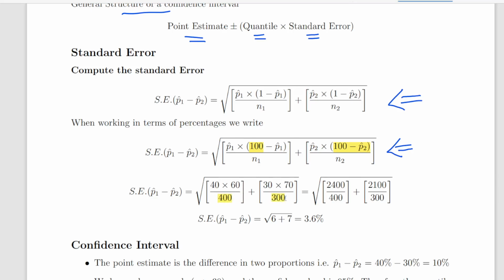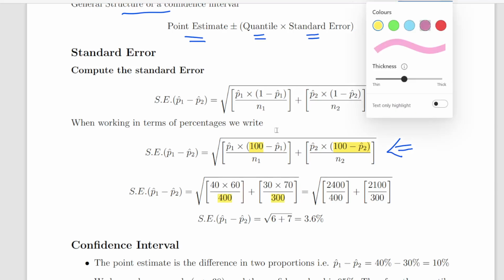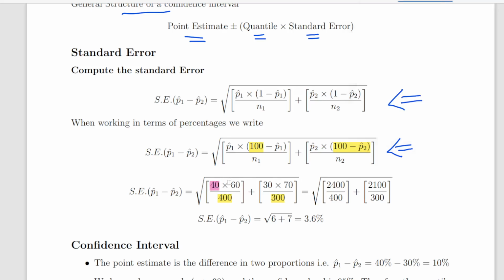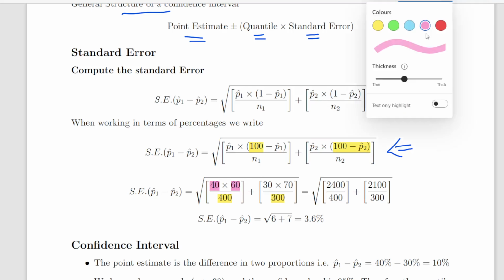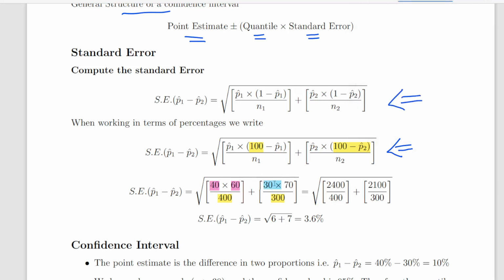The first group has 400 people. The second group has 300 people. The percentage of the first group who like this particular browser is 40%, which means the complement is 60%. For the second group, it is 30%, which means the complement is 70%. So that's our two calculations. 40 times 60 divided by 400, that is 2,400 divided by 400.